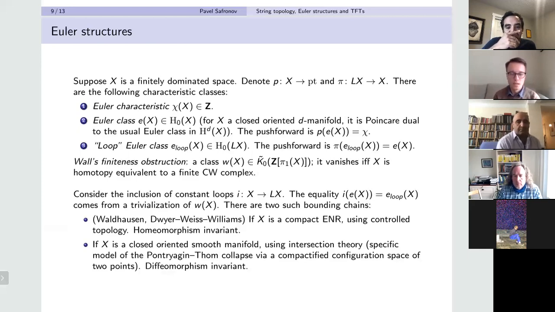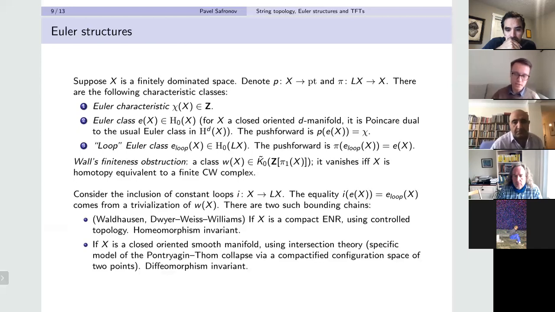Okay, so now let's consider another map, which is the inclusion of constant loops, X into LX. And then you can ask, can I lift this loop Euler class further to X? Or in other words, can I trivialize this loop Euler class in a relative homology, LX relative to X?